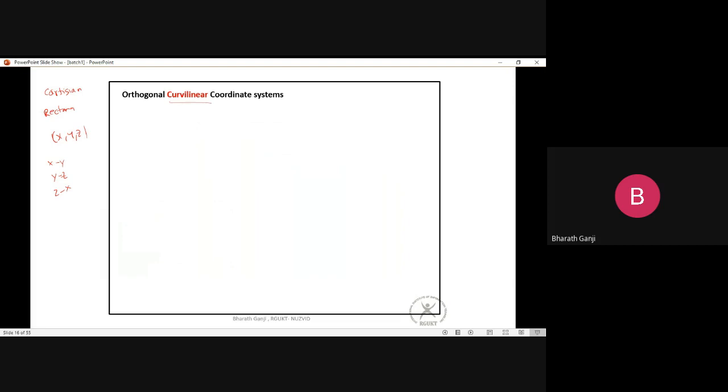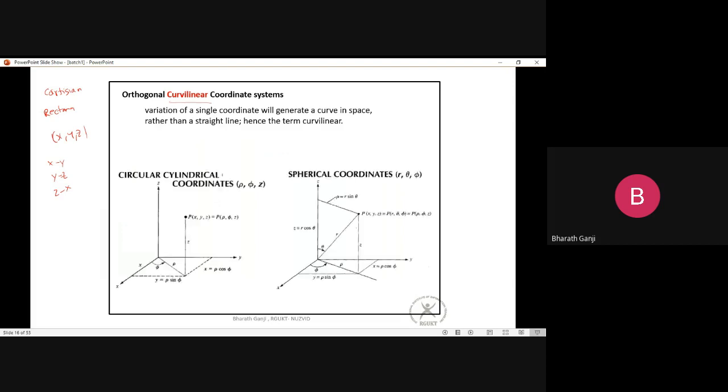We call them curvilinear because one or multiple coordinates in this kind of coordinate system do not vary on a straight line, but instead vary on a curve. There are two kinds of curvilinear coordinate systems which we will be using in our problems. One is the cylindrical coordinate system, another is the spherical coordinate system.